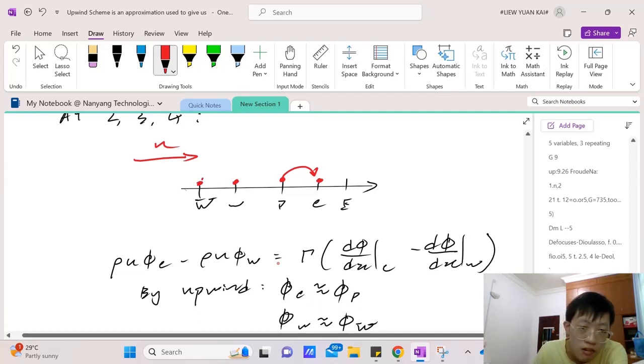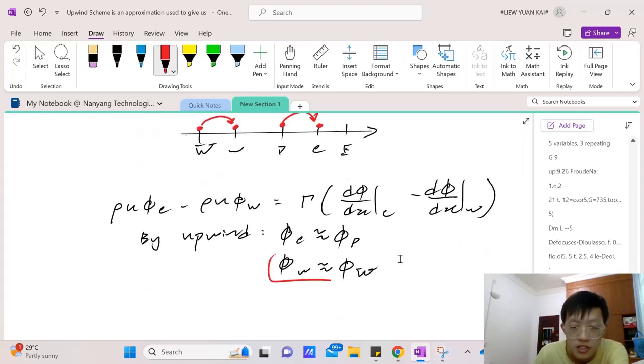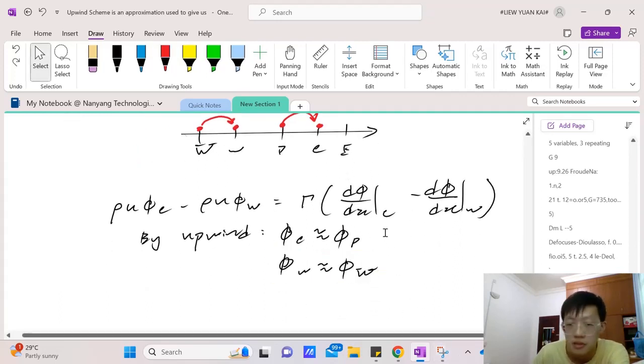So it's gonna blow phi big W onto phi small w. So we know this is true. It's approximate.